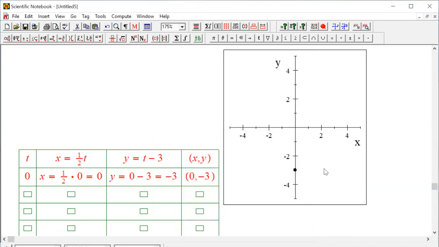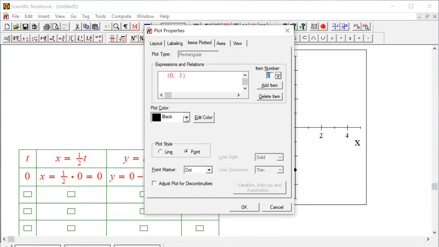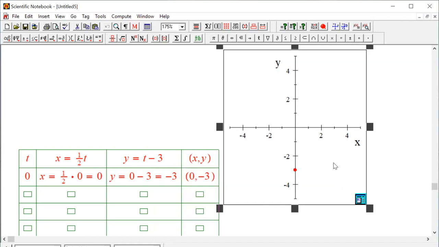Let me make it red, to make it easier to see. So this is the idea of parametric graph, parametric curves or parametric functions. You can see the point x, y is determined by t.